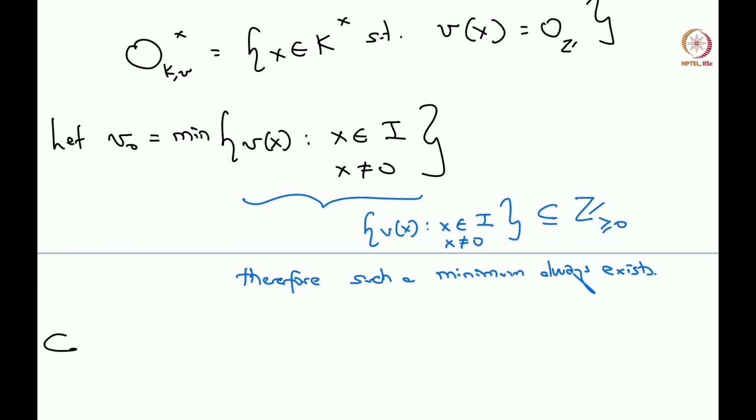So let V naught be this minimum: you let x run over all the non-zero elements of I, take the valuation, and take the minimum. Now choose an x naught in I such that its valuation attains this minimum.